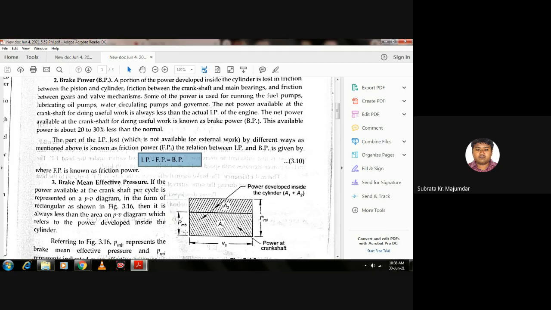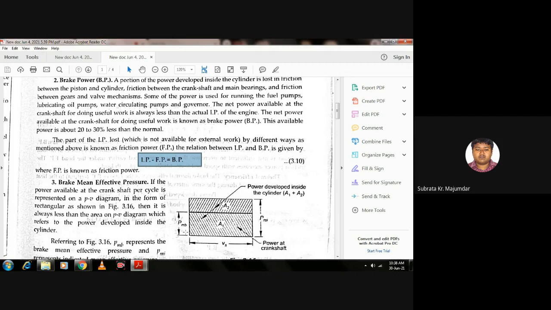If the power available at the crankshaft per cycle is represented on a PV diagram in the form of a rectangle, then it is always less than the area on the PV diagram which refers to the power developed inside the cylinder. Obviously, because what is generated inside the engine cylinder is the ideal or theoretical value.